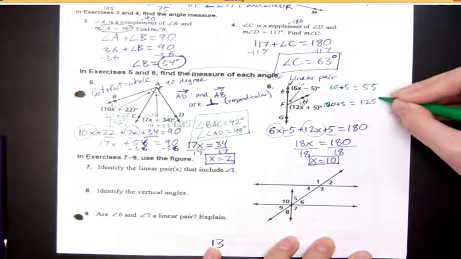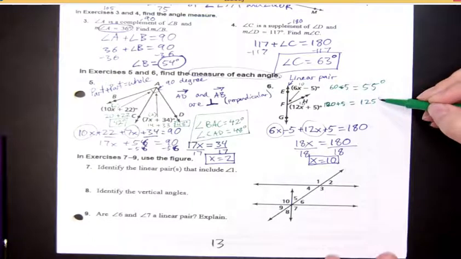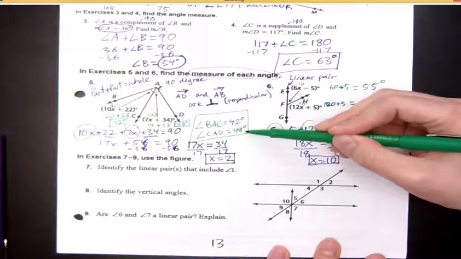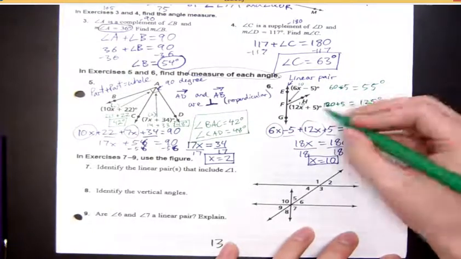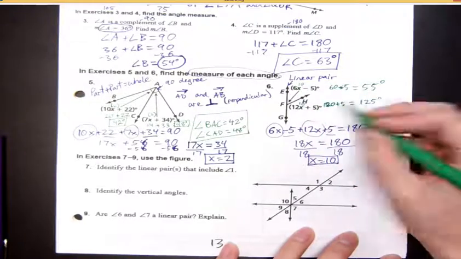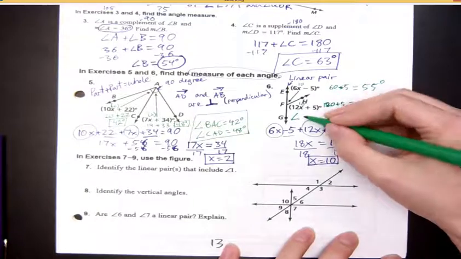And then, thank you guys for pointing that out, because then we did the check step. Added together, do those equal 180? Added together, do these equal the 90? Yeah. And then let's go ahead and label our angles. So what would you call the 55-degree angle? Angle EFH.